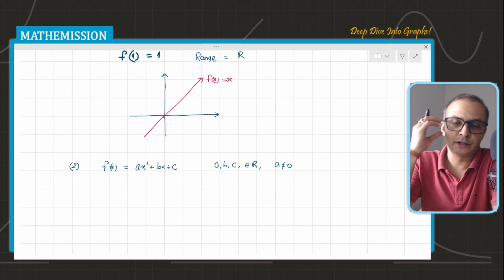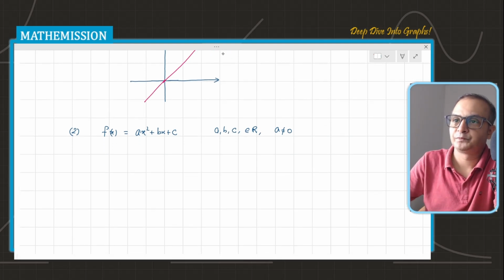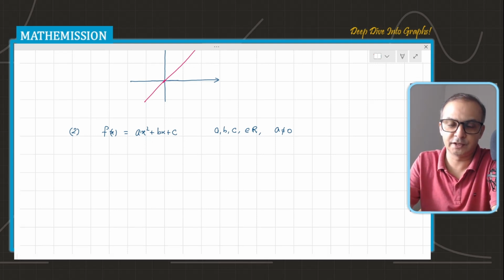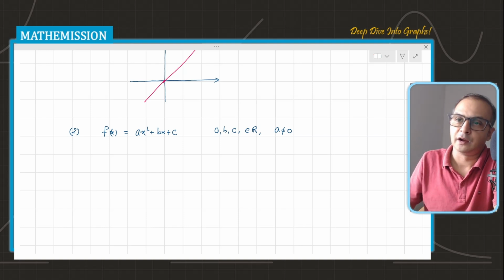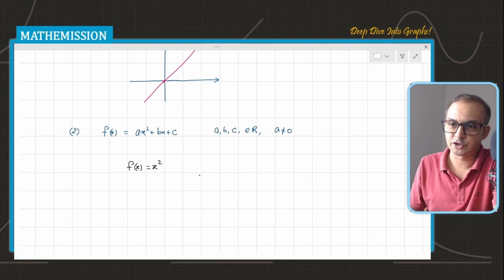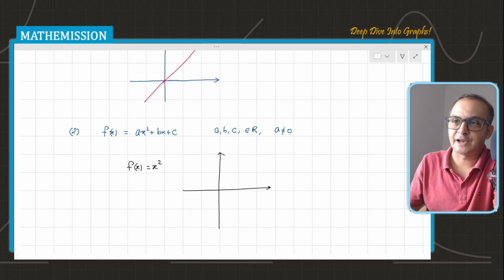So I'm talking about the pure quadratic function in which only the x squared term is present, not the linear part of the function. So if I have the function f(x) is equal to x squared, it is a pure quadratic, and the graph of this pure quadratic will be the upward opening parabola. So this is the graph of f(x) is equal to x squared.